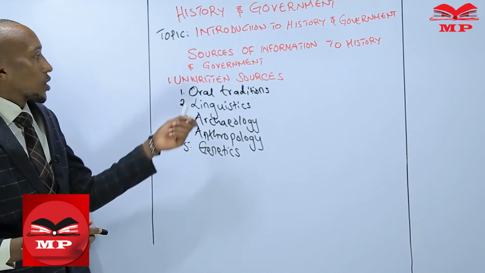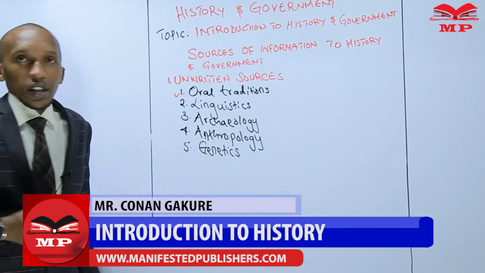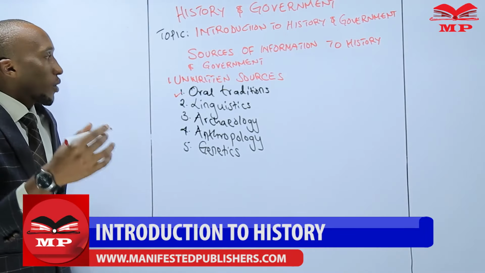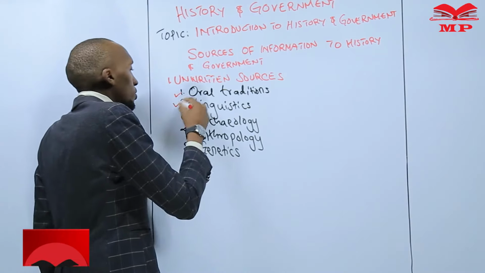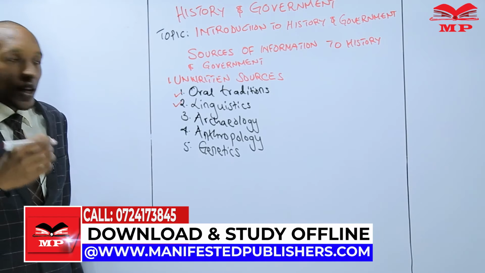So you can remember we have already looked at oral traditions. We said it is the information that is passed from one generation to the other by word of mouth. Linguistics is the scientific study of languages.